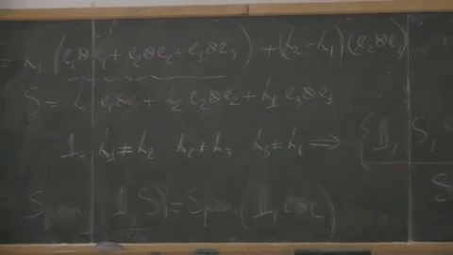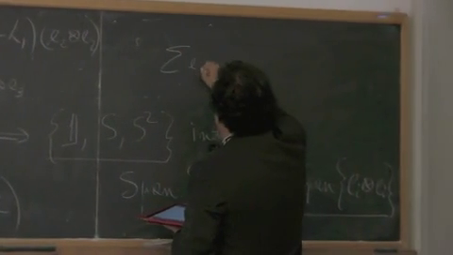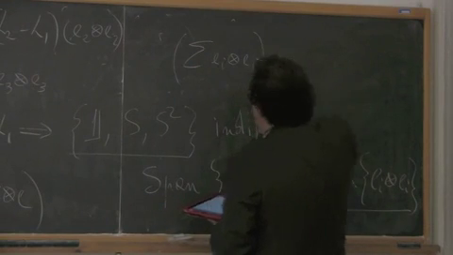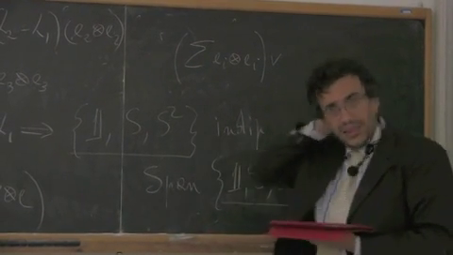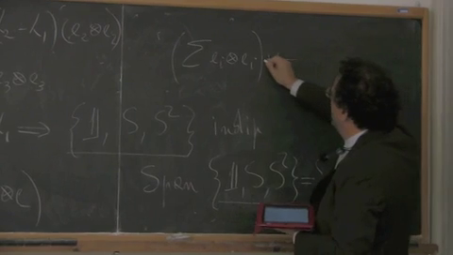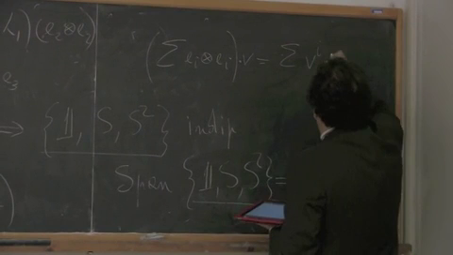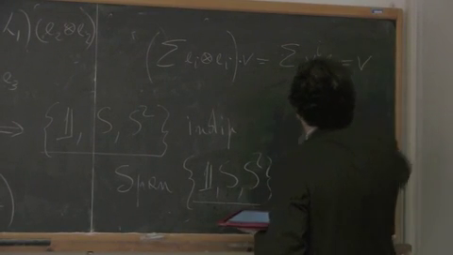So if I have some Ei tensor Ei applied to v, this is equal to v, sum of vi ei, which is equal to v.